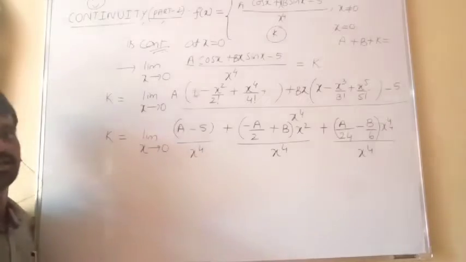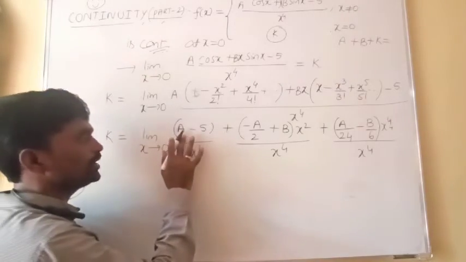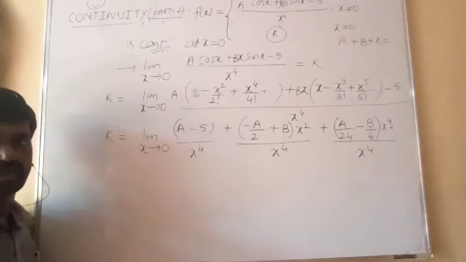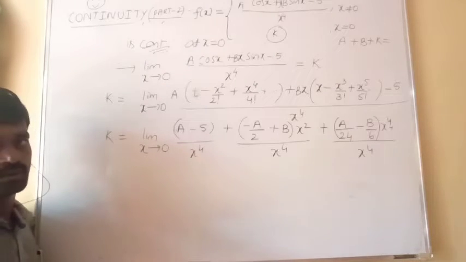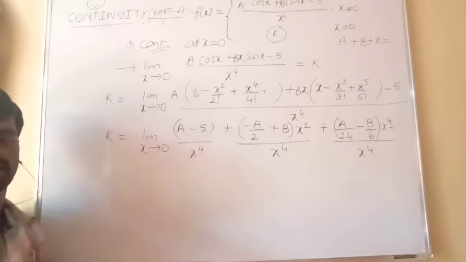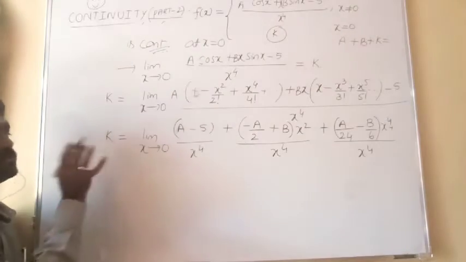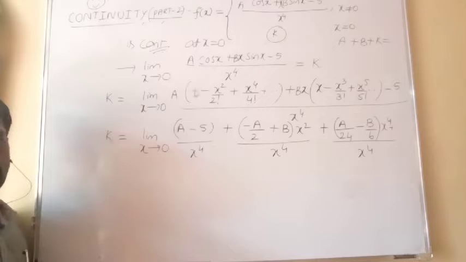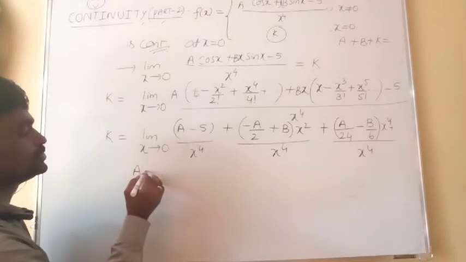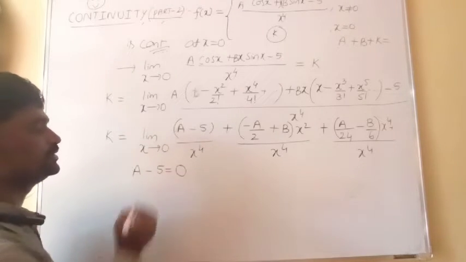So if it is not equal to 0, then this limit is infinite, which is wrong. According to the given data, f must be continuous, and this limit should exist, be finite, and be equal to the finite quantity k. So that means a minus 5 should be equal to 0.